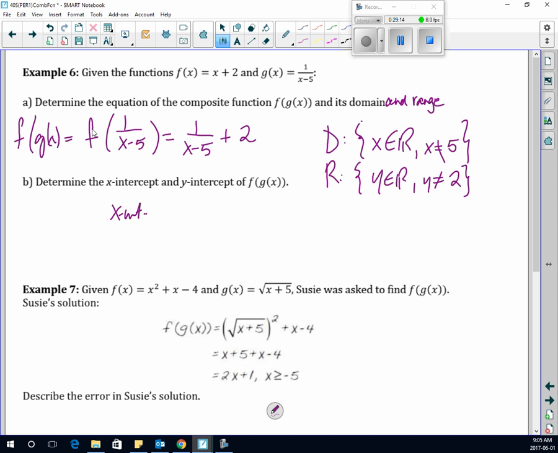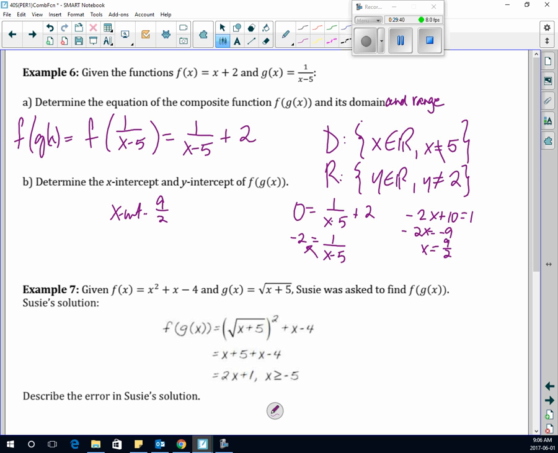Maybe we need to show my algebra. So 0 equals 1 over x minus 5 plus 2. Move the 2 over. Negative 2 equals 1 over x minus 5. Cross multiply. Negative 2x plus 10 equals 1. Negative 2x equals negative 9. x equals 9 over 2.